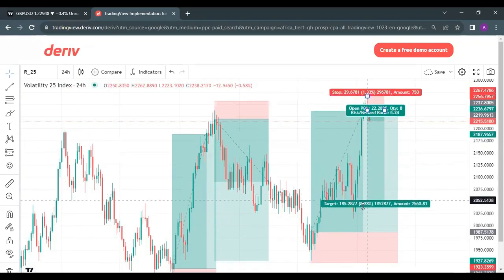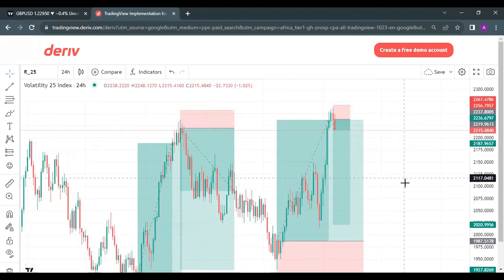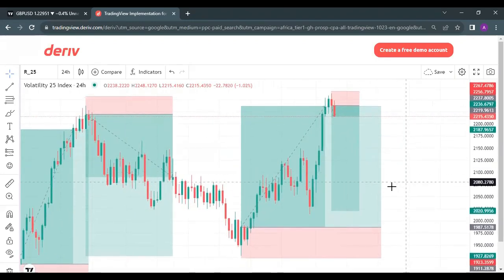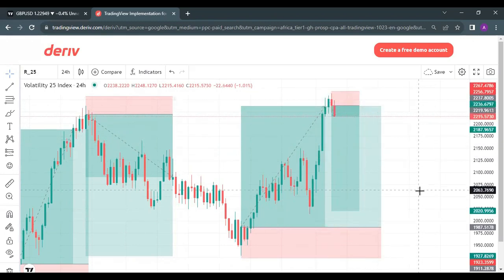So our main target is this liquidity point here. That's where I'll be targeting. If I was to get this guy at the right time and entered, this is 1:7 risk to reward. Are we on the same page?